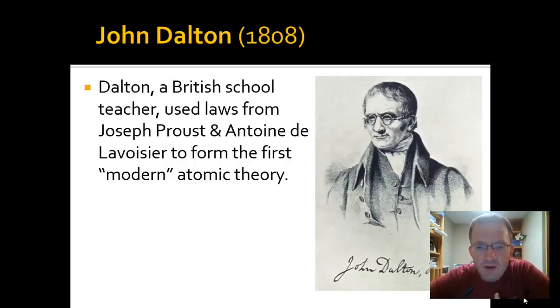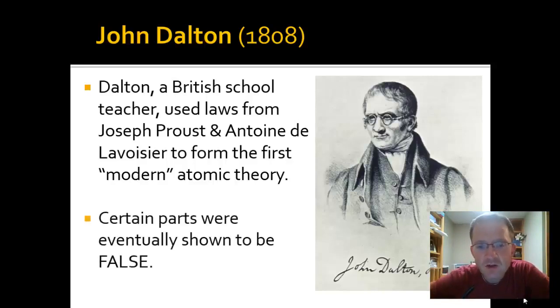Dalton came up with eventually a 5-part atomic theory, at least the way I'll present it to you will be in 5 parts. It turns out that certain parts of Dalton's atomic theory we now know to be false. Some of them true, some of them false. Certain parts of some of them are false and true as well. And I'll mention those to you as we go.